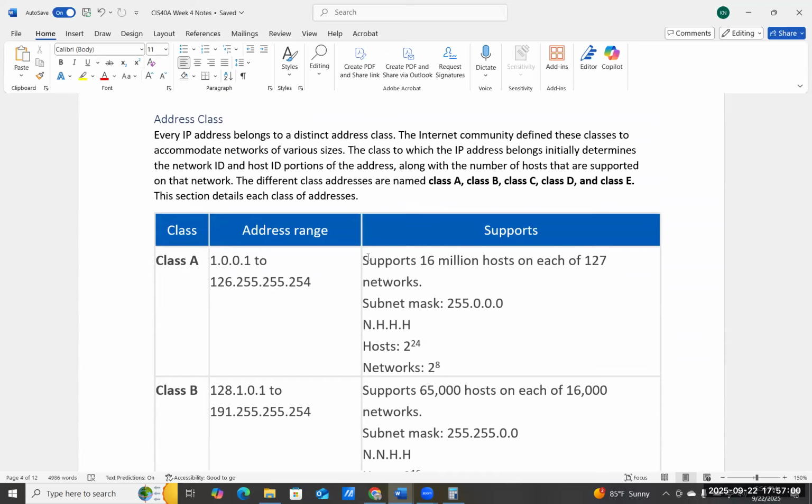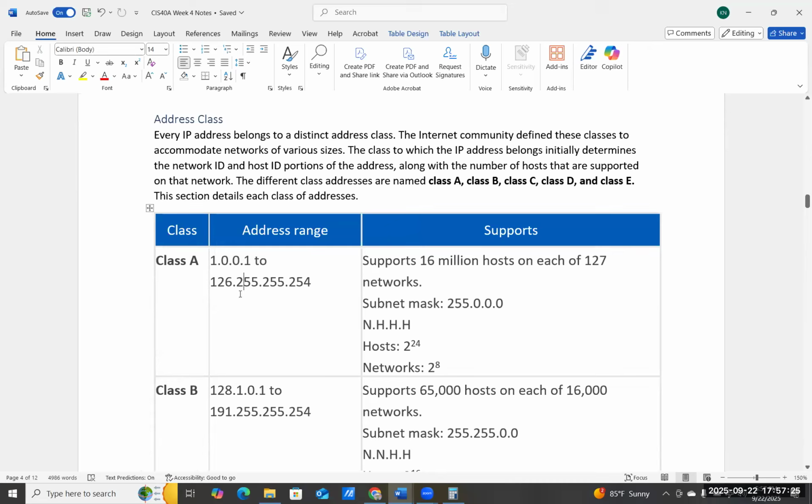So you have to know your classes for IPv4. So class A, when we're looking at the class and the type of IP address we're working with, you simply look at your octet. If your first octet is in the range of 1 to 126, you are using a class A. So what do I mean by an octet?